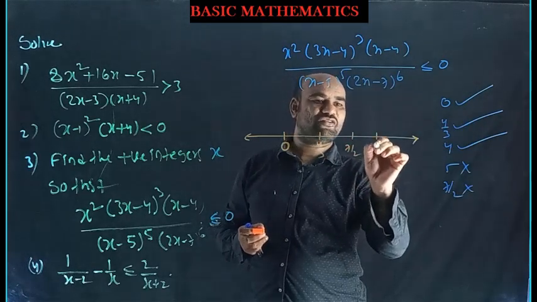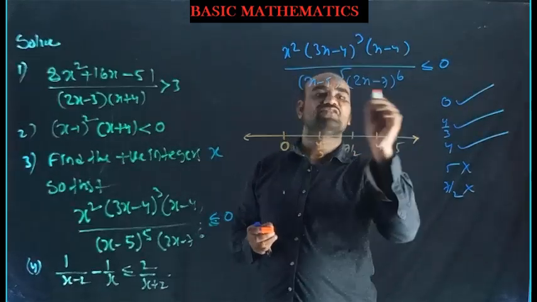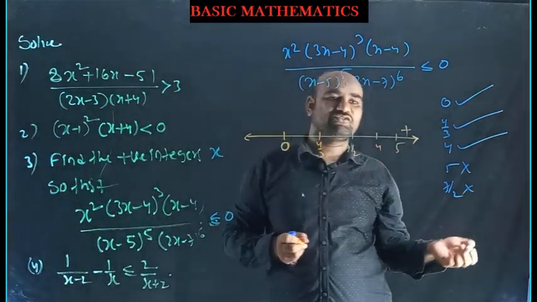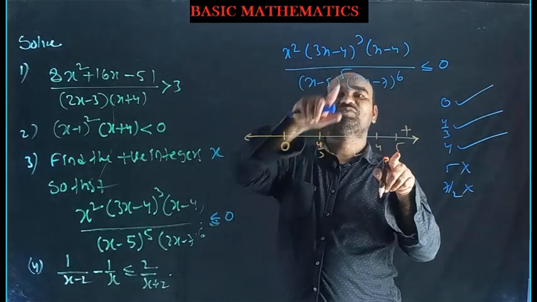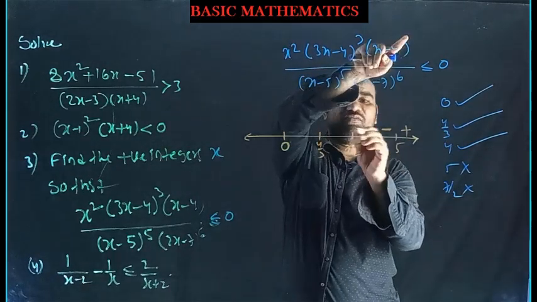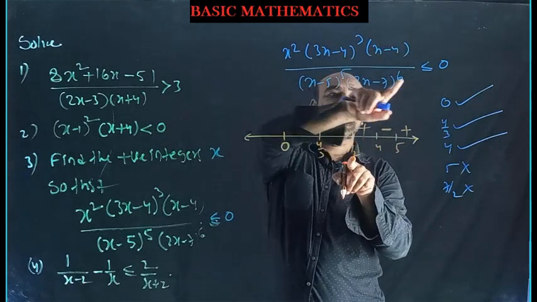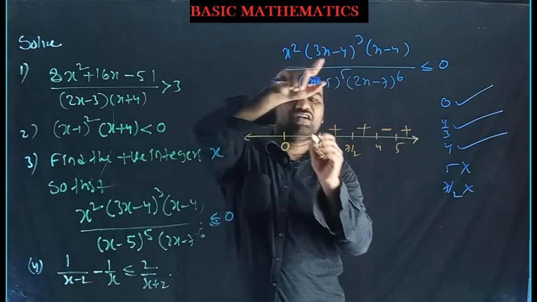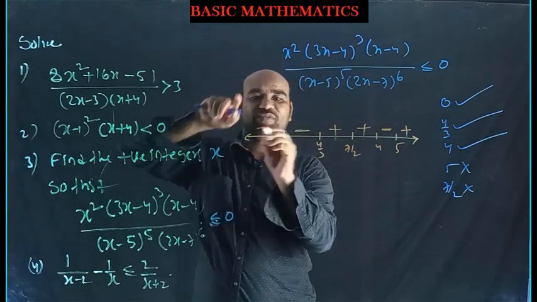After that 4 and 5. Now as per the procedure, to the right hand side of 5 we write plus, x minus 5 exponent odd, so minus; 4 odd, plus; 7 by 2 even, take care, this is plus; 4 by 3 odd, minus; even, minus.